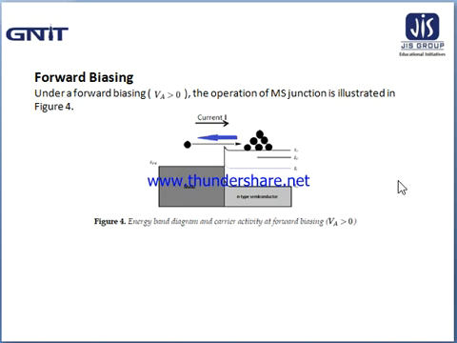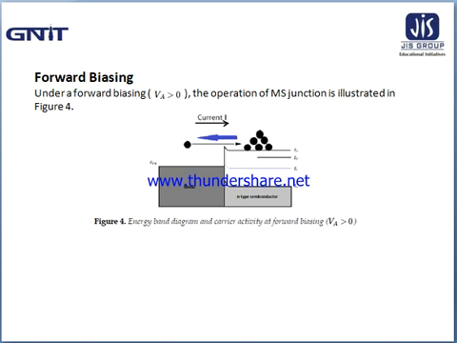The Fermi energy of the metal becomes lower than the Fermi energy in the semiconductor, which results in a reduction of the potential barrier phi b across the semiconductor.